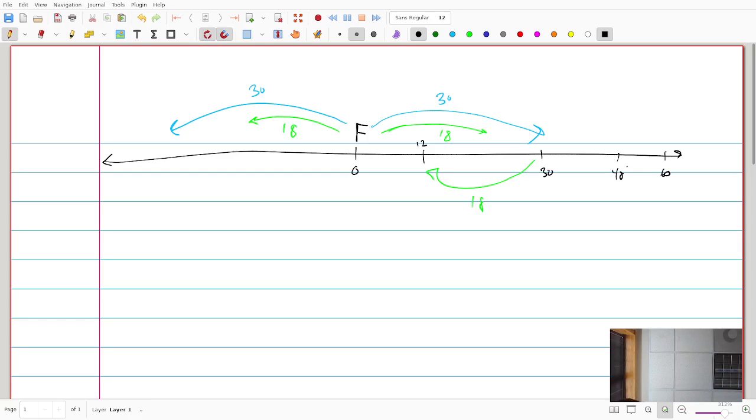So where else can it reach? It can reach 18, of course. Where else can it reach? Garrett? It could reach 6, because 12, jump back 18 to -6, and then jump forward 12 again to get to 6. It can't jump 12, oh, right.